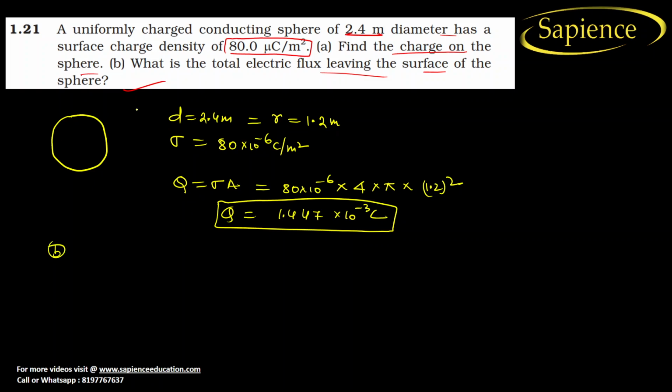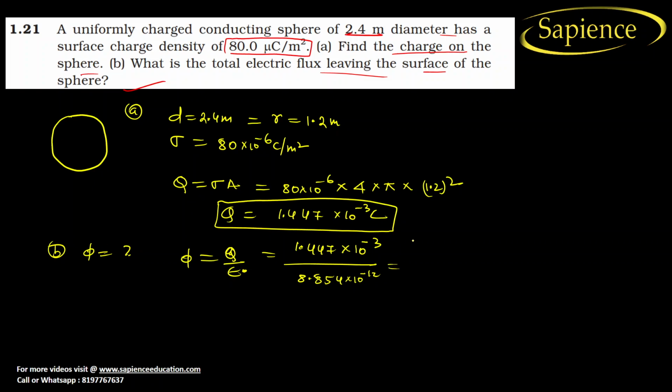Now part B. A we have done. What is the total electric flux leaving the surface of the sphere? So how will you find electric flux? Total electric flux will be charge enclosed divided by epsilon naught. So the total charge is 1.447 into 10 to the power minus 3, divided by epsilon naught, that is 8.854 into 10 to the power minus 12.